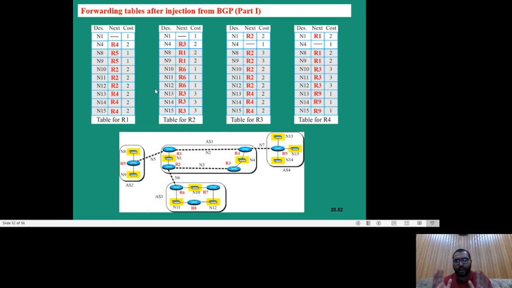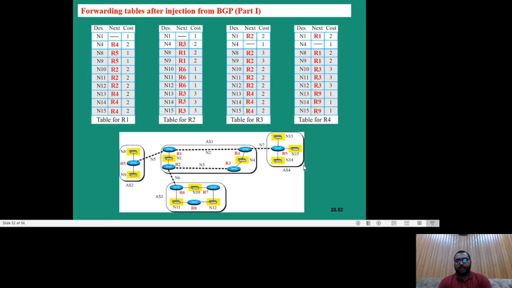So here are the final forwarding tables that you can see. Now you can see the complete forwarding table for each and every router. Any network can be reached, and it has all the information.